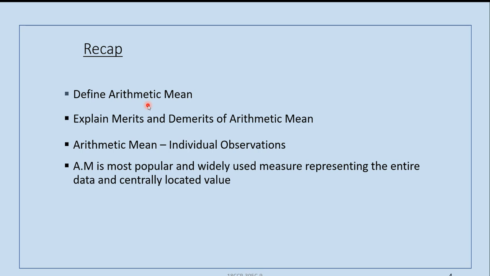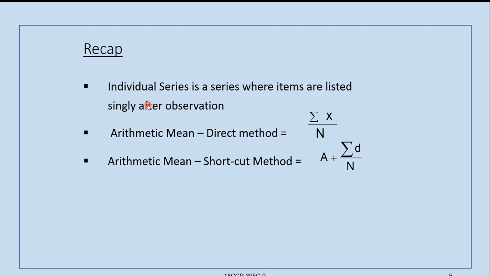In all the averages, normally first everyone will try to apply the arithmetic average, which represents the entire data and where the value of the arithmetic mean is located in the middle of the given series. In individual series, a series where items are listed singly after observation is called individual series.